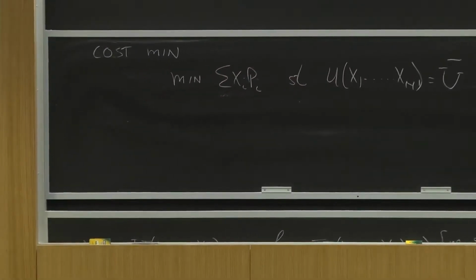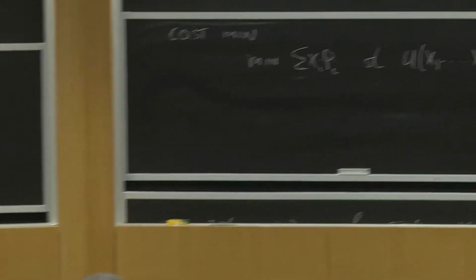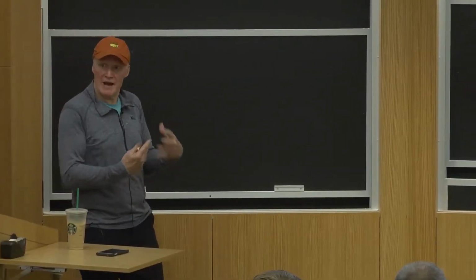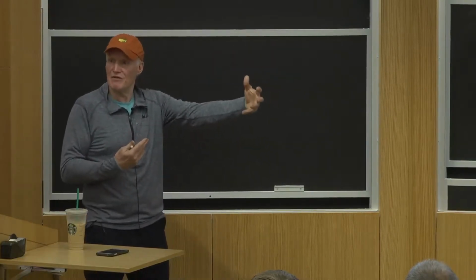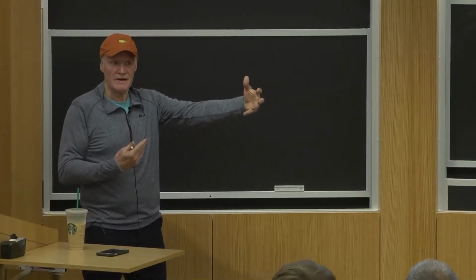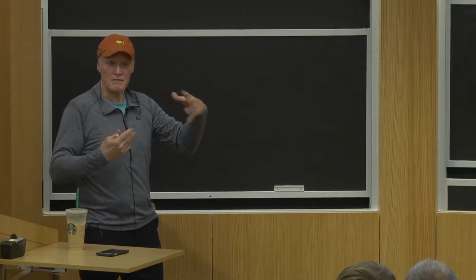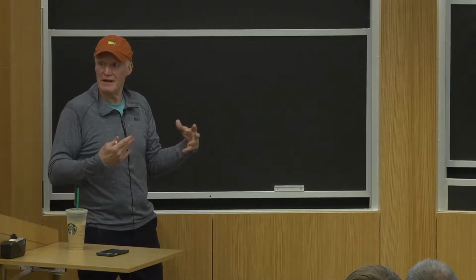All right? So we've tried to turn the problem around. Instead of saying, what's the maximum utility I can get for a given income, I've turned it around and say, how much income do I need to achieve a given level of utility? Now, people understand why those are dual problems. People understand why those solutions are going to be related, right?